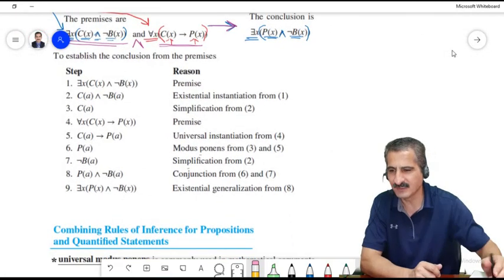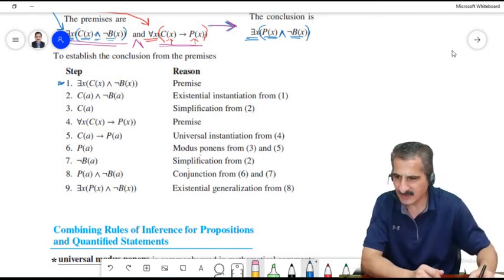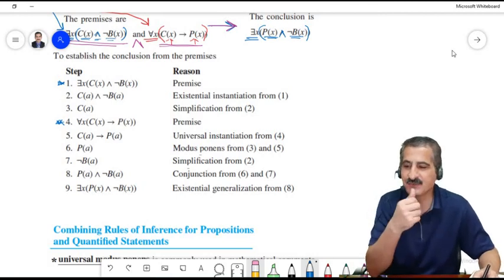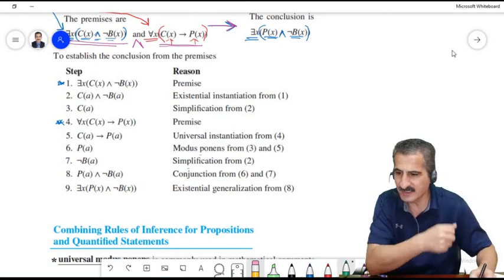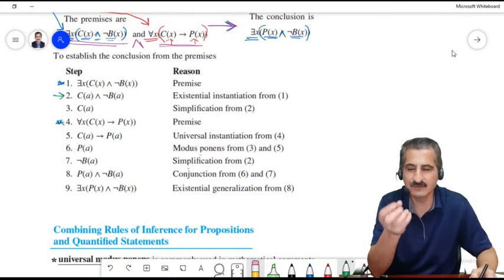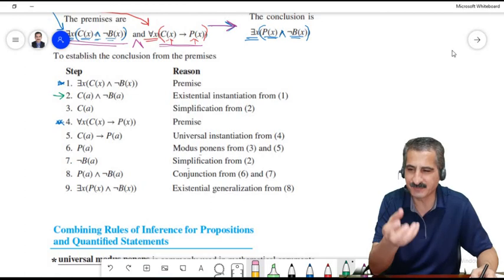Okay, now let me go to blue and say these are the ones that we already have. Now we have for every x, C of x and not P of x. So we conclude there is someone to whom this applies.